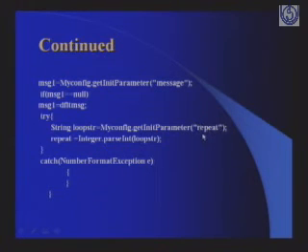Repeat is another attribute or another variable for which we will try to store the value in the web XML, and then repeat, definitely repeat will be a value for our operation, and then after reading in this string we will try to parse it into an integer value, and then that integer value we will use in our operation in later section. Now let us see where we will use this MSG1 and repeat.